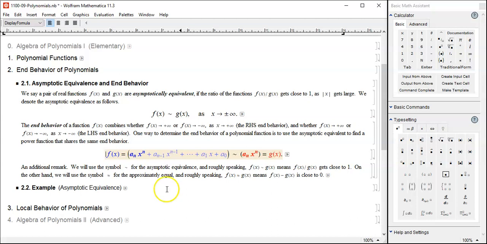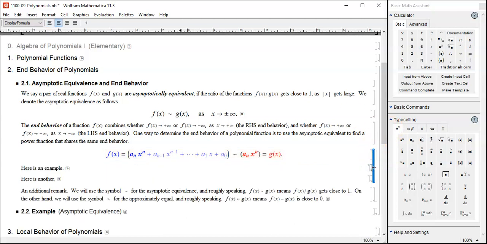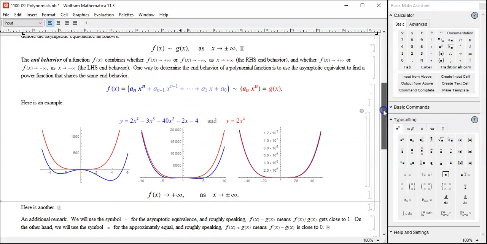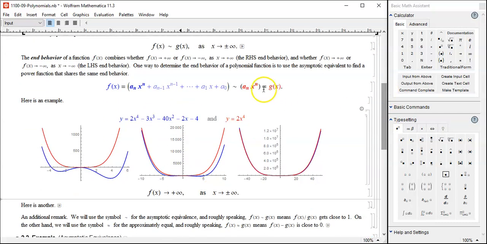And that function is the power function given by the leading term, simply by crossing out all these. And as for the power function, we know an awful lot about power functions. When n is even and the leading coefficient is positive, then it's U-shaped, like this. And then when the leading coefficient is negative, then flip it over, it's going to be upside-down U-shaped.